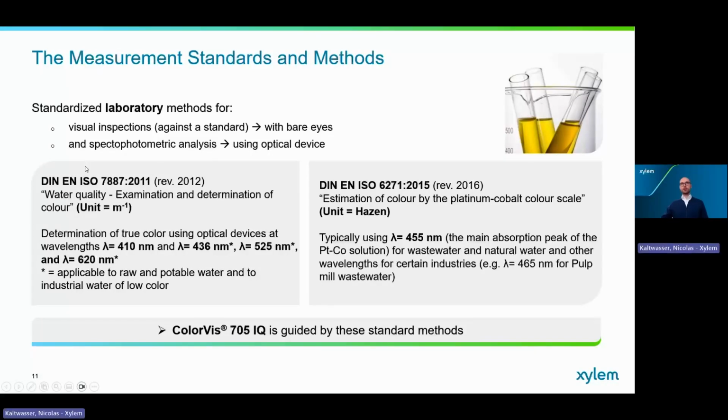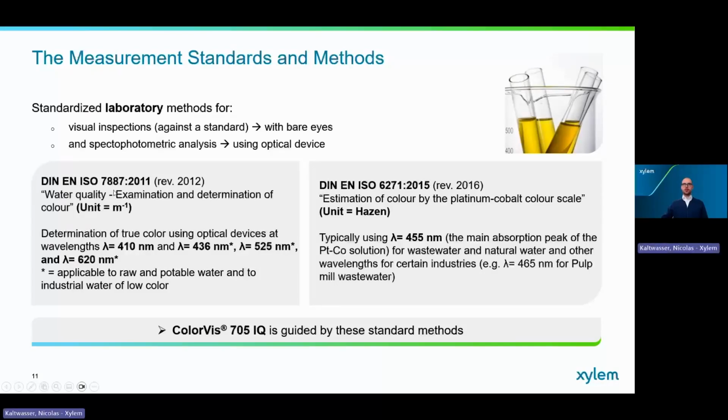The two main standards that we have are the ISO 7887 and the ISO 6271. You can see here the 7887 is used for the measurement with the meter to the power of -1 scale, while the other one is using the Hazen scale.